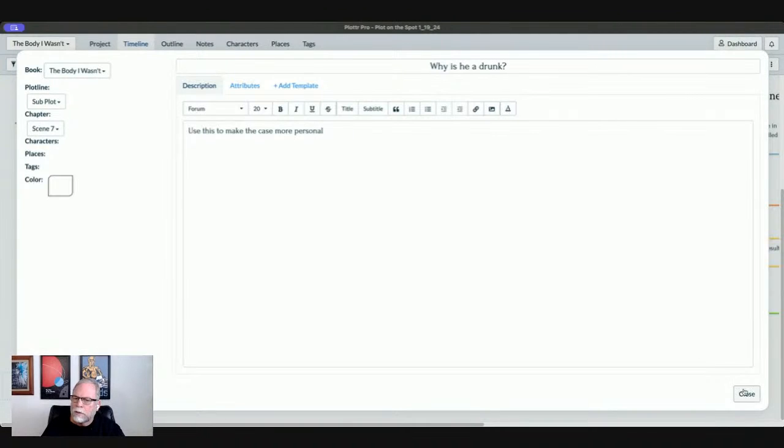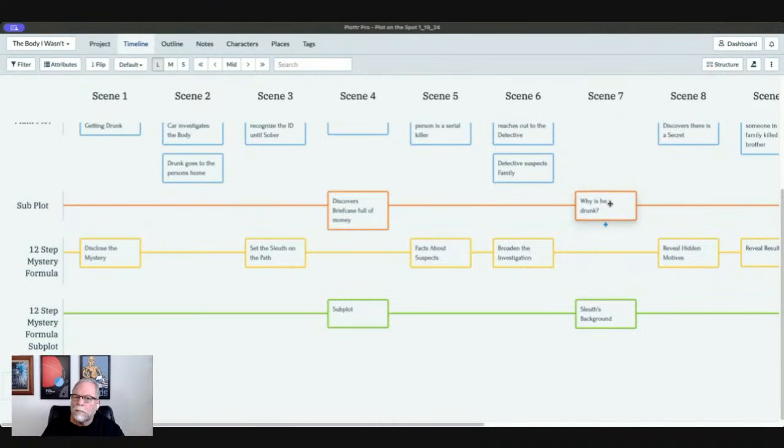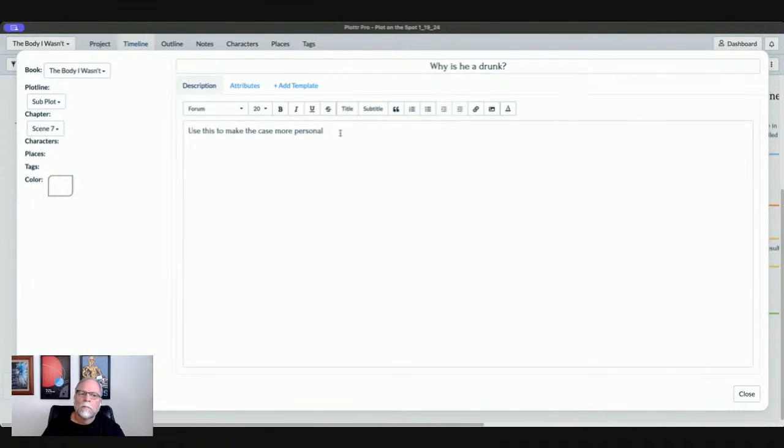Okay, so let's say maybe he finds that maybe he lost part of a family business or inheritance to his brother, or his brother was also a killer. Okay?